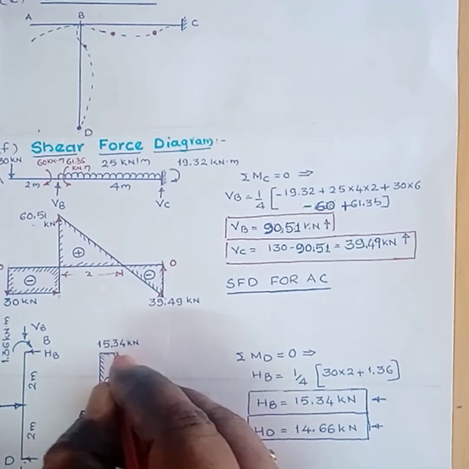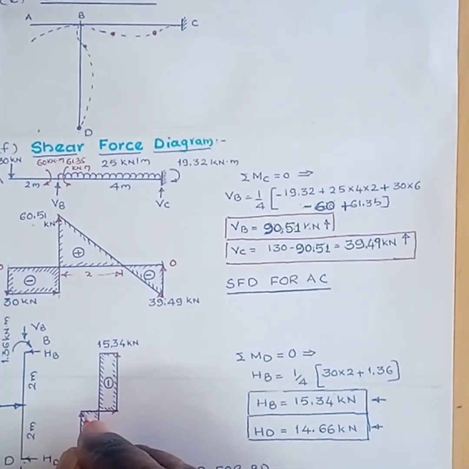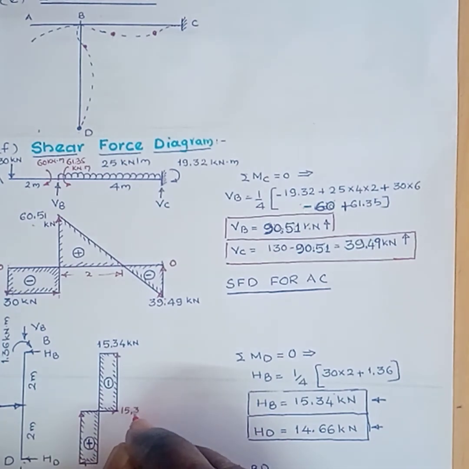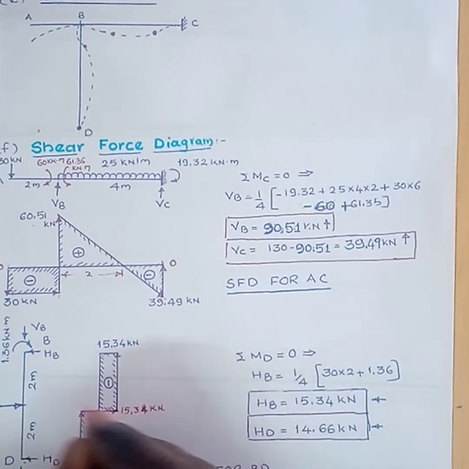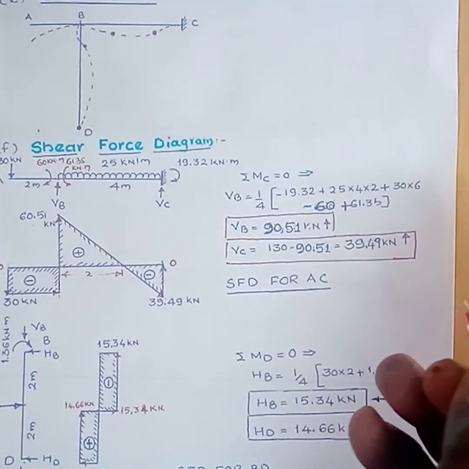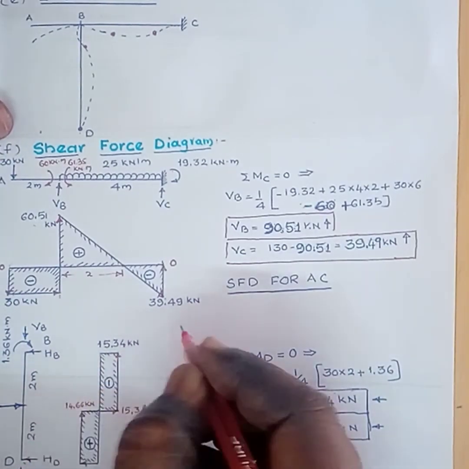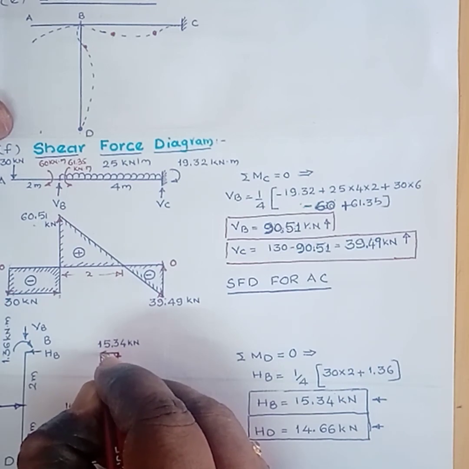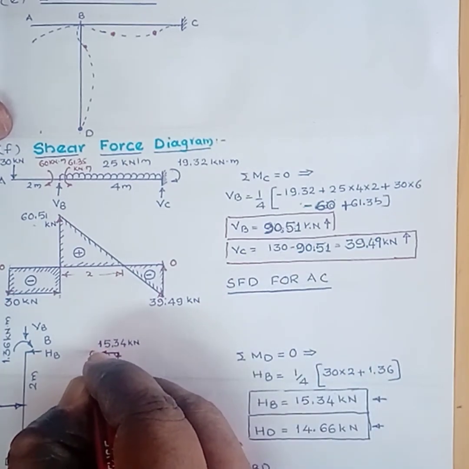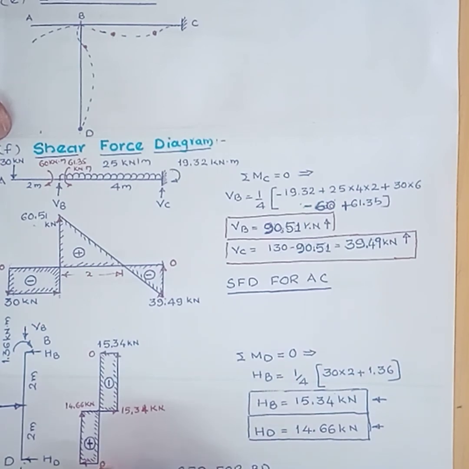From this point to this point, it is 14.66 minus 30, that is minus 15.34 kilonewton. Here these are the ordinates. Below the point load there are two ordinates of the shear force, 15.34 kilonewton and 14.66 kilonewton. Then up to this point the shear force remains constant. Here there is a support reaction, then that becomes 0. Here this is 0, here this is also 0.